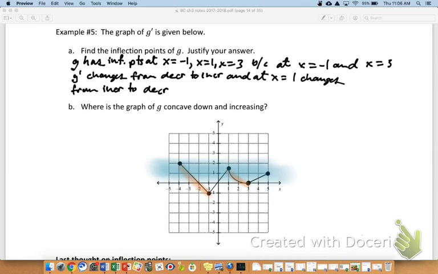So intervals there would be -4 to -2. That interval, and then 1 to 3. And then as far as, it doesn't say justify, but I'll go ahead and put the reasoning down, and I think the way that Jack started would be a good way for us to finish, right? We can say because G prime is both positive and decreasing on those intervals.